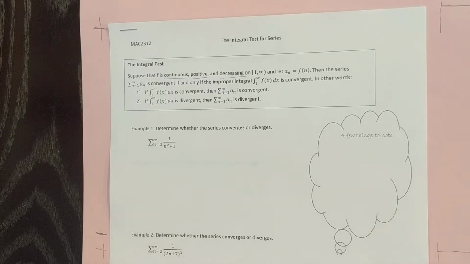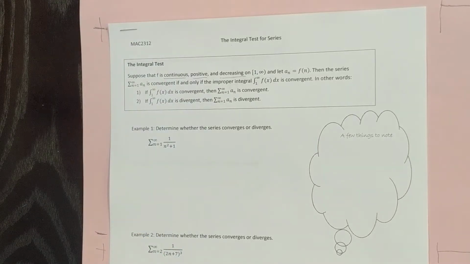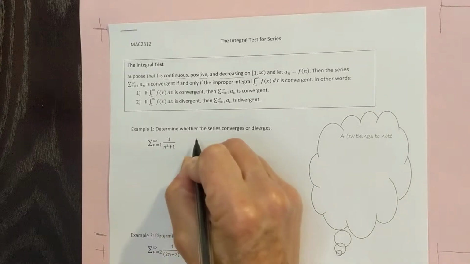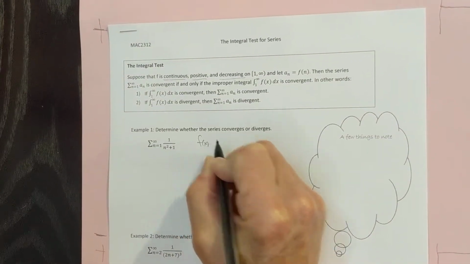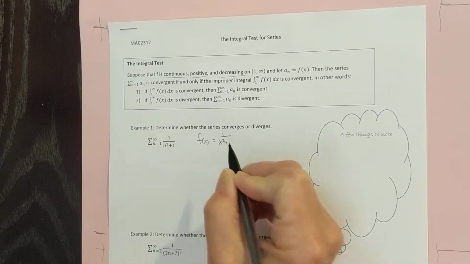So let's proceed. The first example we have is the series 1 over n squared plus 1 from 1 to infinity. And it says determine whether this series converges or diverges. So let's have a look at this. Is this continuous? So if we had the function f of x, the version would be 1 over x squared plus 1, okay?